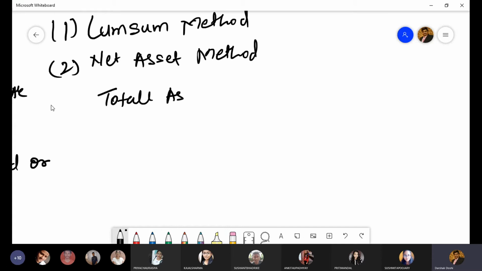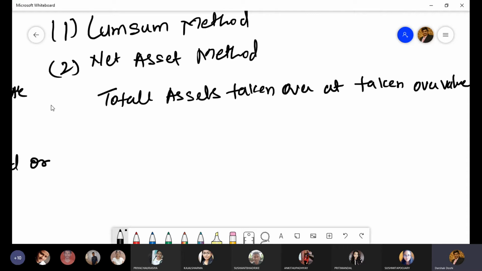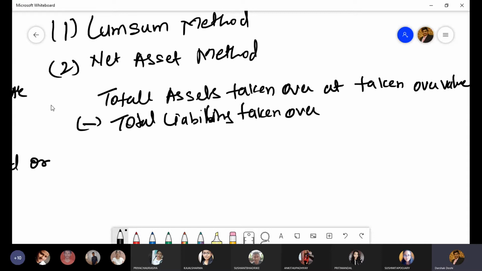Total assets taken over at taken over value, less total liabilities taken over at taken over value. Now this thing is important over here.